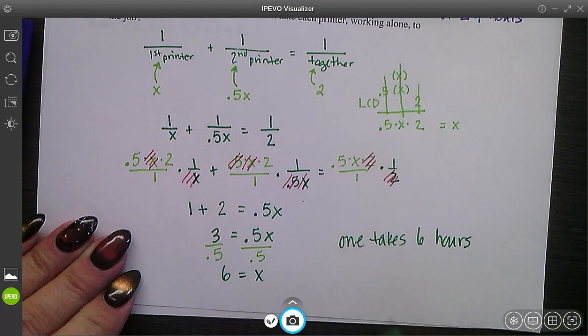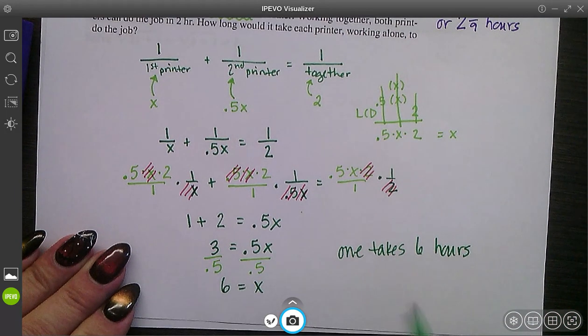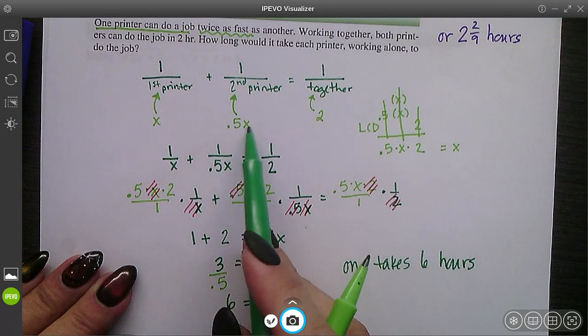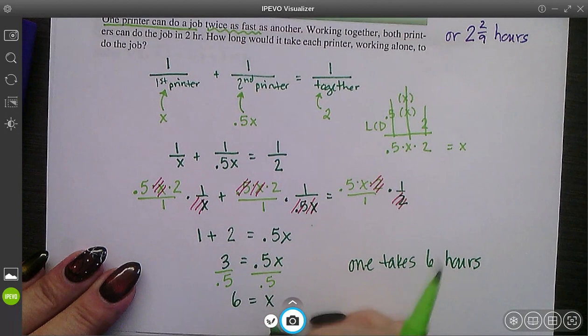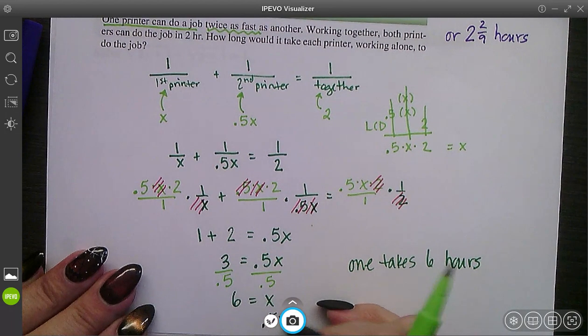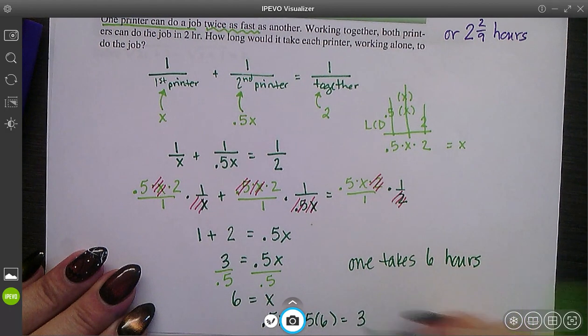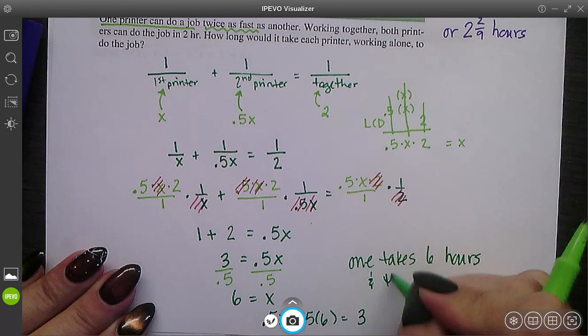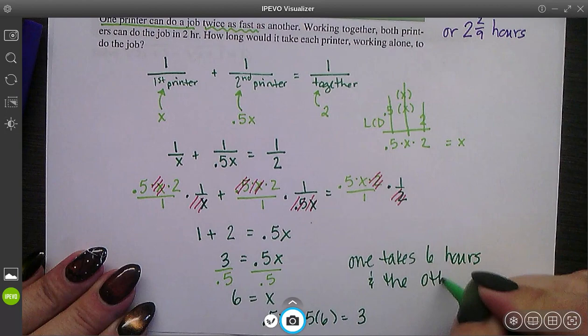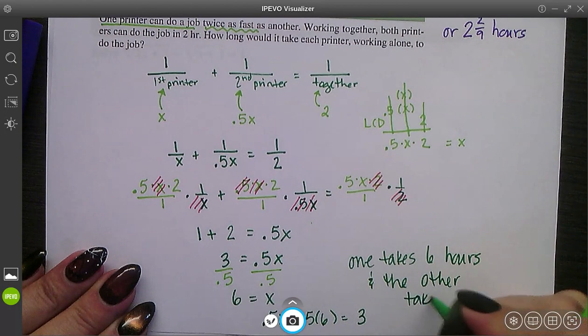The other one is twice as fast, so it takes 0.5x. If x is 6, then 0.5x would be 0.5 times 6, which is 3. So one takes 6 hours and the other takes 3 hours.